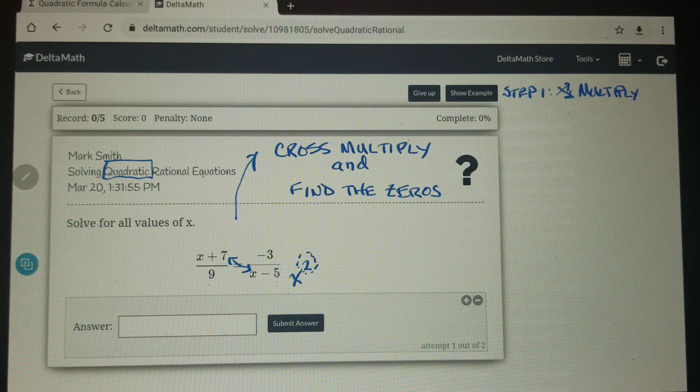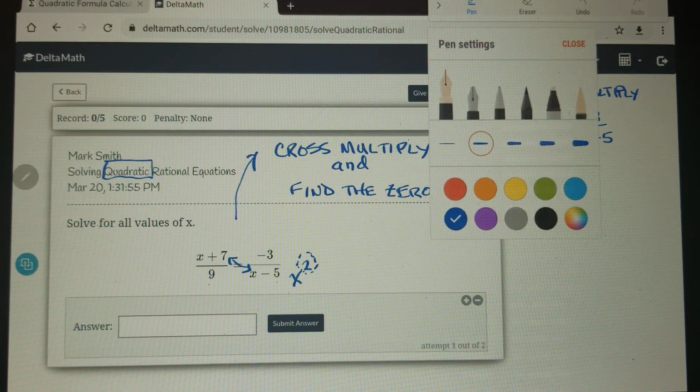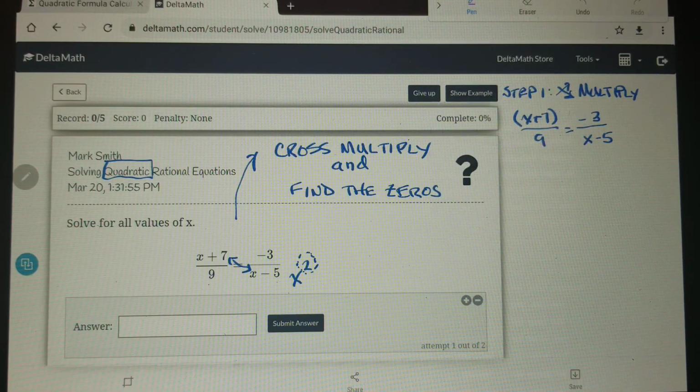All right, I'm going to rewrite the problem up here. x plus 7 over 9 equals negative 3 over x minus 5. So I'm going to cross multiply these. I'll use this beautiful purple color for the first one.